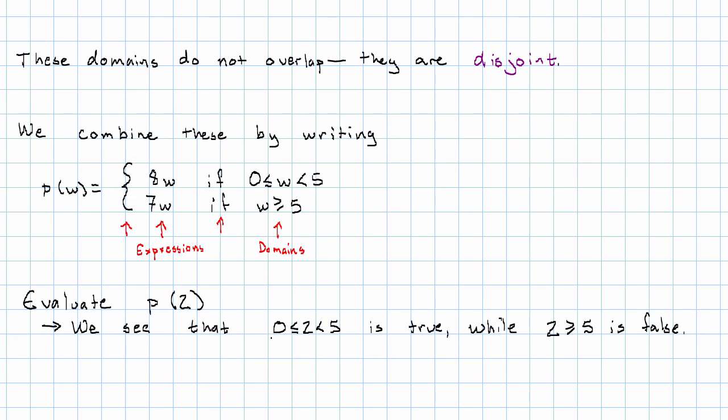We see that this first inequality is true, while this second inequality is false. So that tells us to use the first expression for p. The first inequality is true, so we use the first expression. Thus, p of 2 is 8 times 2 is 16.